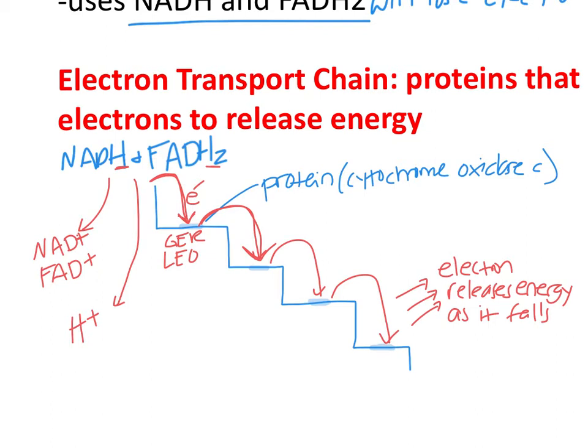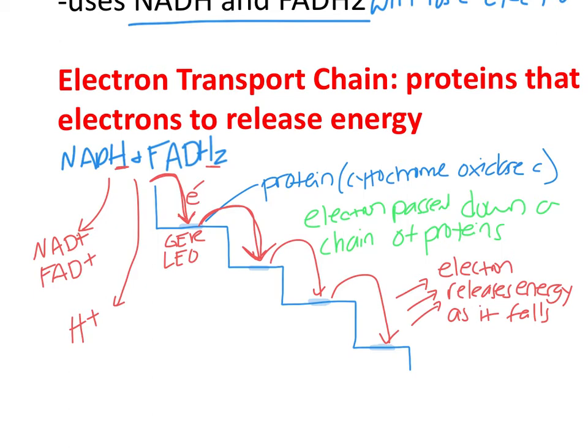So what we are showing here is that the electron is getting passed down a series of proteins. This game of hot potato continues protein to protein.